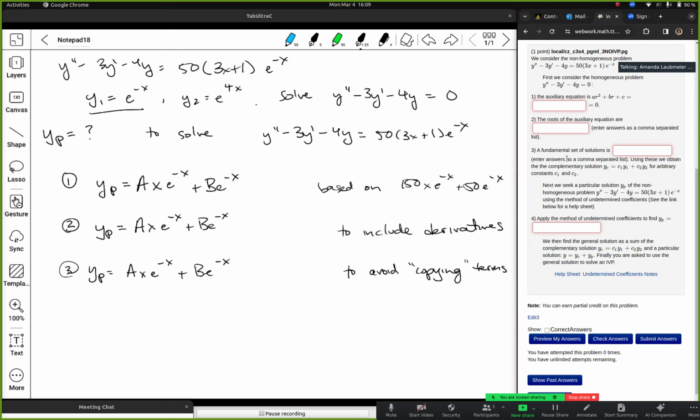So this would actually be b e to minus x times x to make it different from y1. And now it's no longer the same as y1, but it is the same as the first part of my y sub p. So I'm actually going to have to do another multiplying by a power of x to make it distinct from that a term.